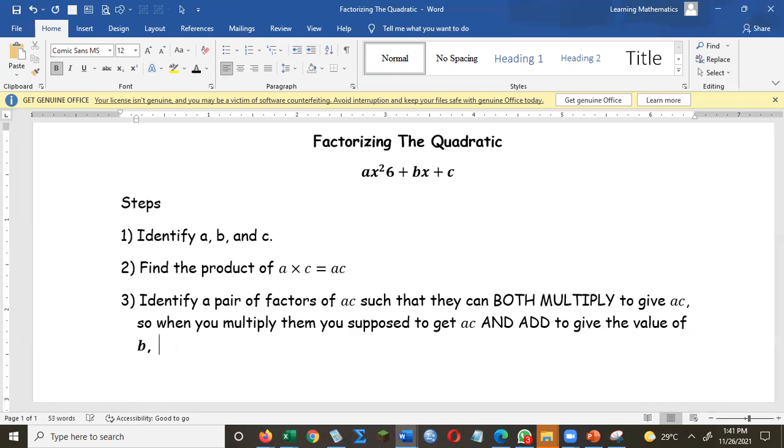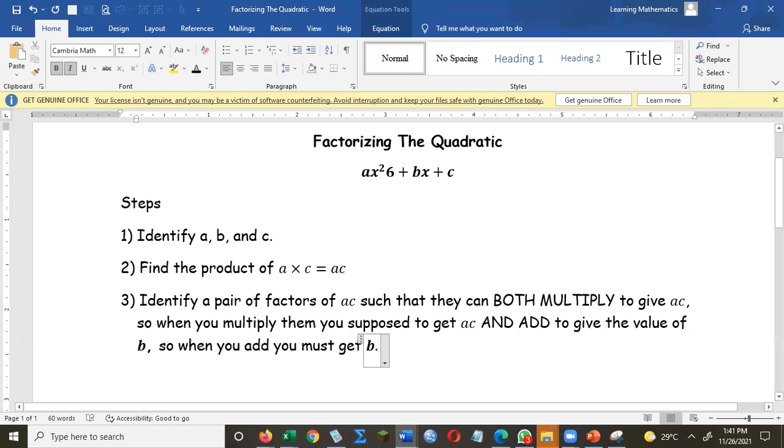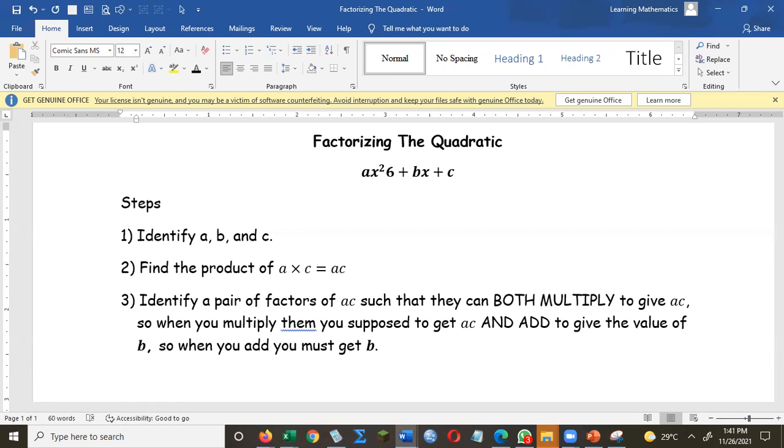When you add, you must get B. Sometimes that's where the difficulty is that students find themselves in.